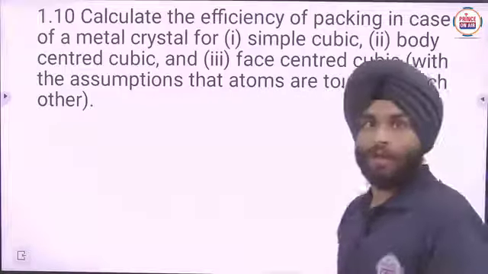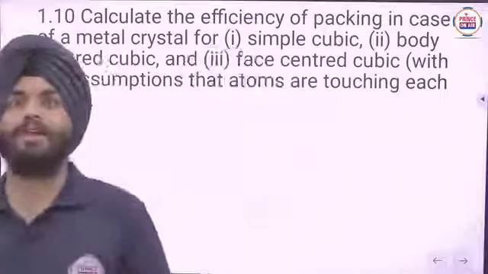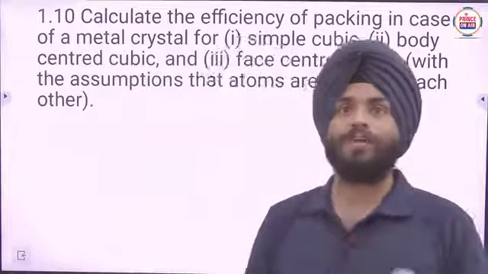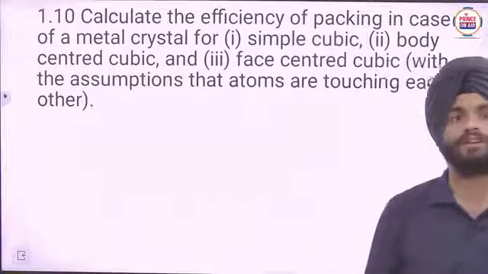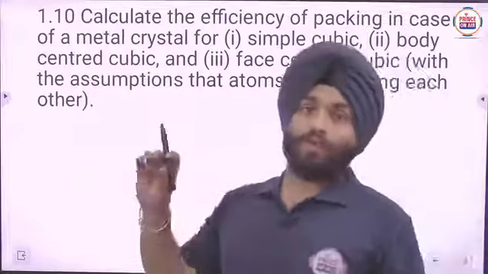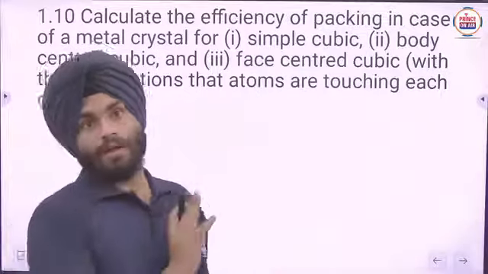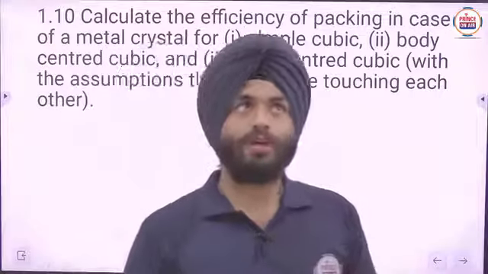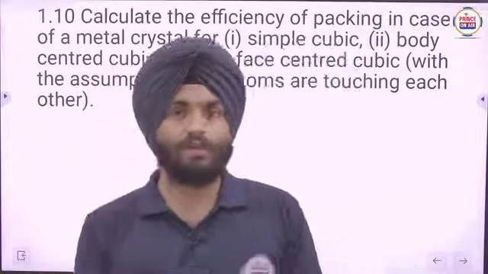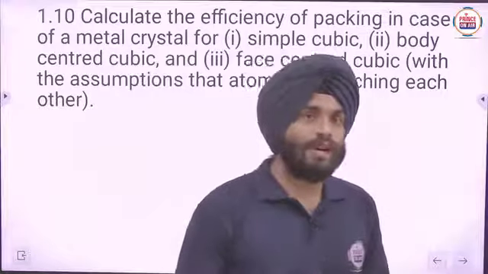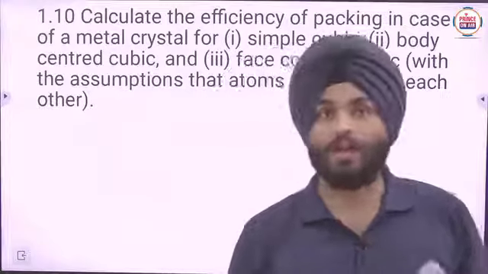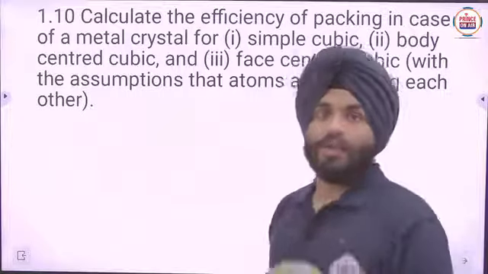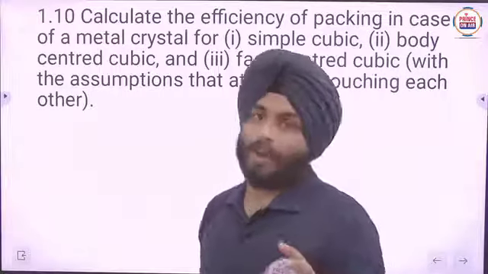Next is, calculate the efficiency of packing in case of metal crystal for simple cubic, body centered cubic and face centered cubic. These derivations we have discussed in lecture number 6 or 7, on the topic packing efficiency.